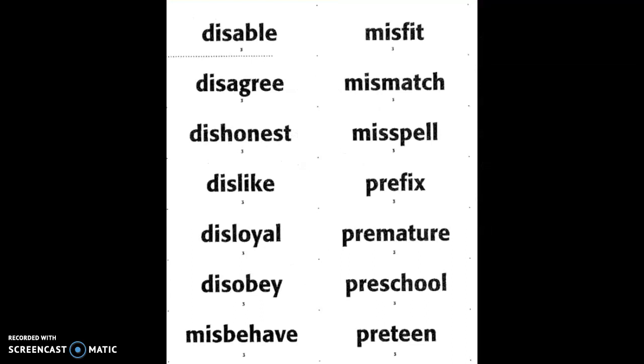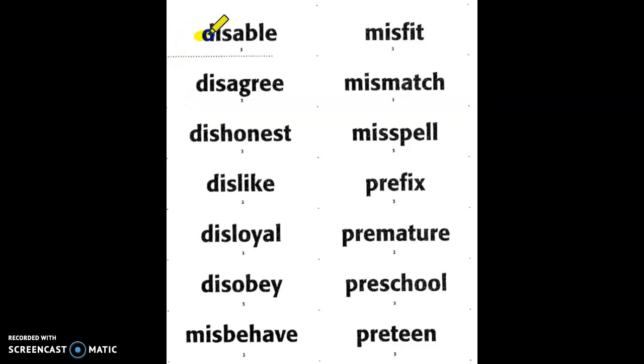Find this page in your word study packet. Look for the words disable and misfit at the top of the page. We are going to start out with the yellow highlighter and use that to mark the prefix dis.